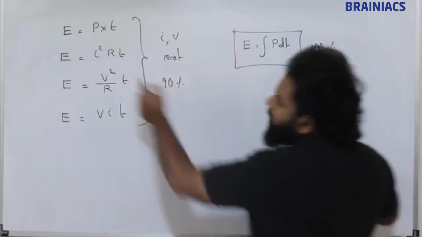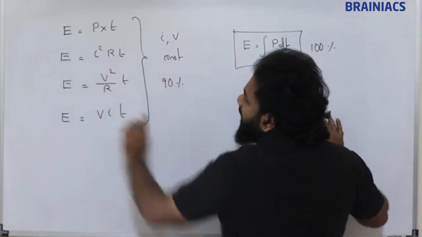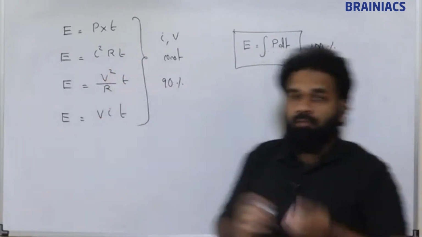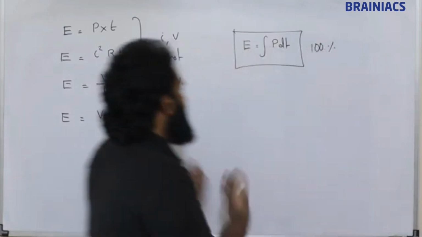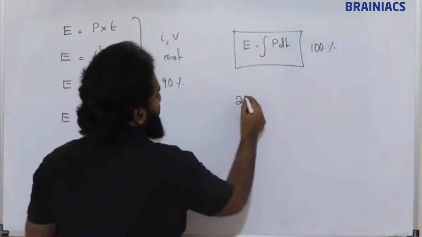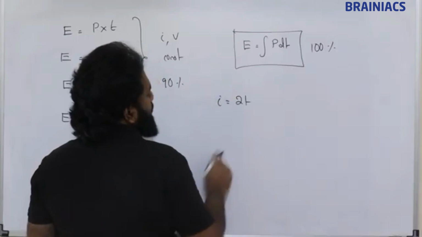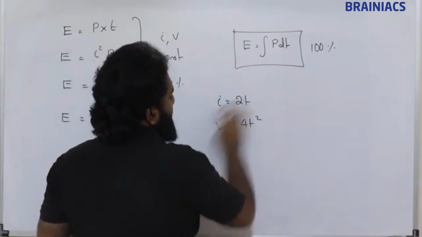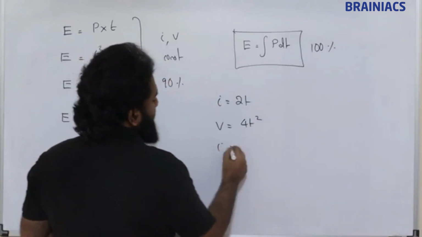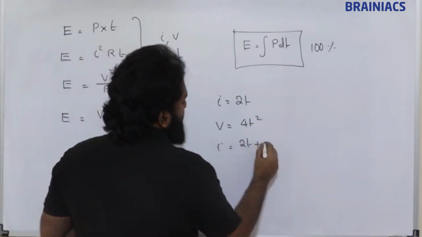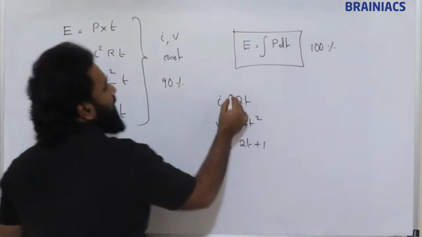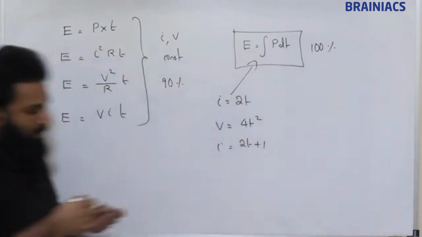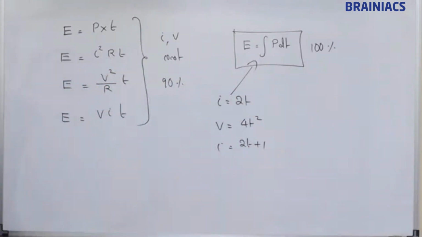So if we come to know that either I or V is changing, and we are given it in the form of an equation of time, like I is equal to 2t, or V is equal to 4t square, or I is equal to 2t plus 1, in this kind of equation always use this method: integrate it and get the answer.